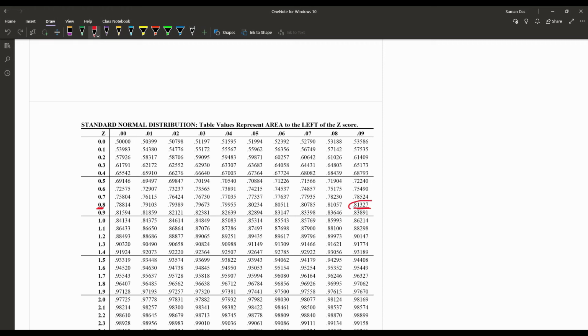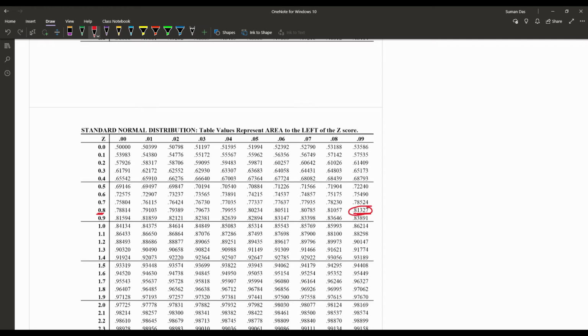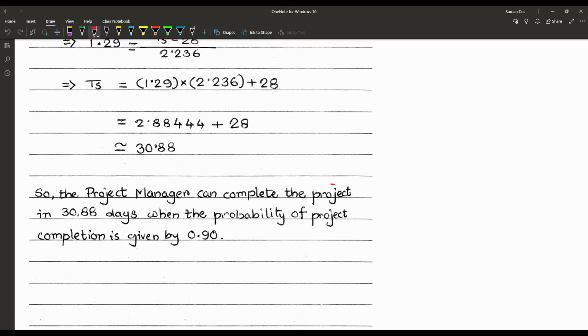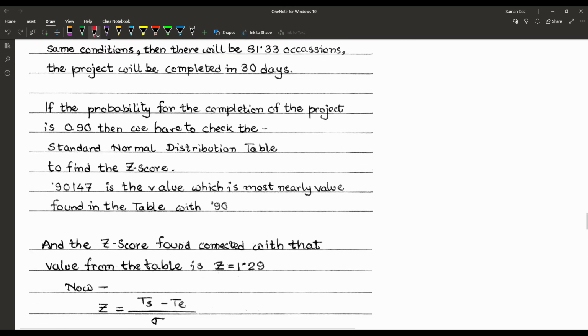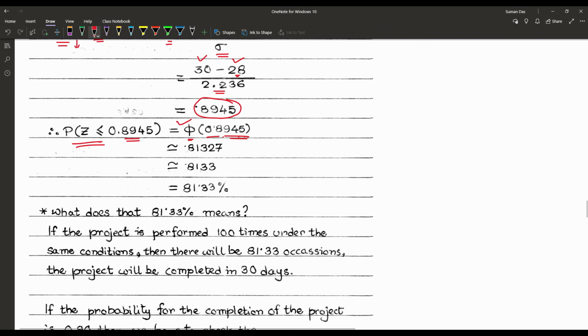So that is 0.81327. So the value is 0.81327, and we can write it as nearly equal to 0.8133, or 81.33%.